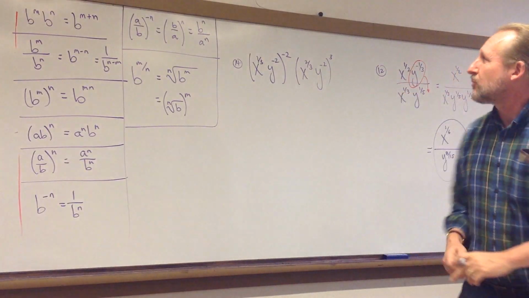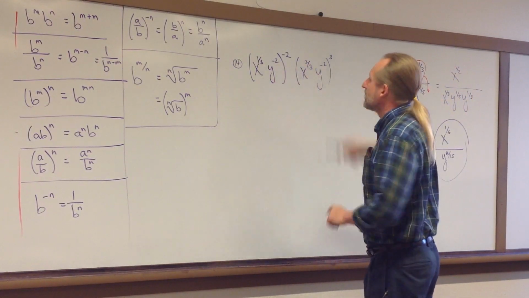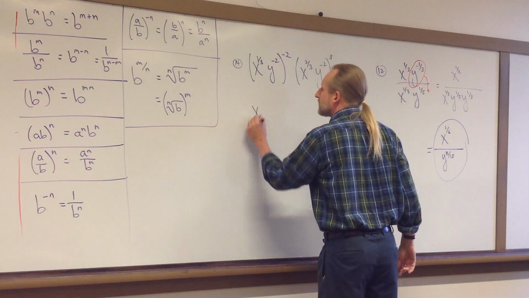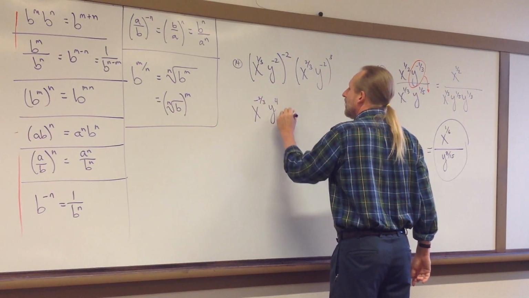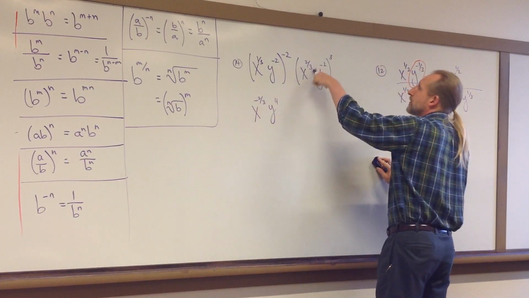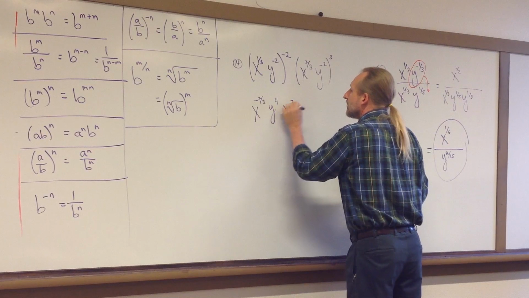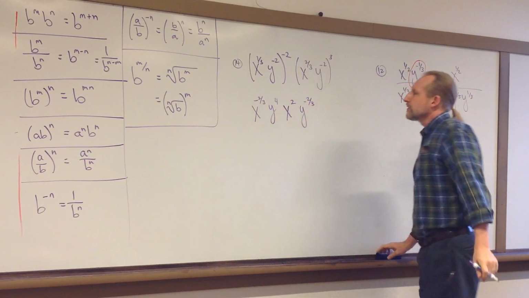So I'm going to start this one, I think, just by raising these to this power and these to this power. So this will be x to the negative 2/3, y to the 4th. And then we'll have x squared, right? 2/3 times 3 would give us 2, and this will be y to the minus 2/3.